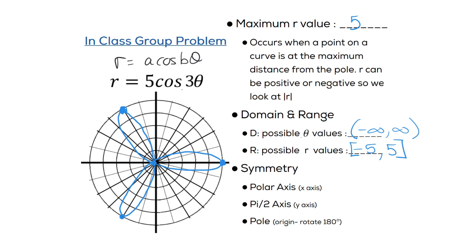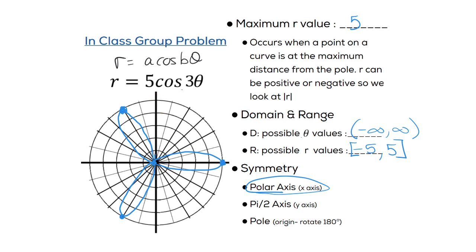So looking at this particular graph, you're looking at if it folded over or flipped over this axis, it's going to flip and land on top of itself. But that will not be the case on the pi/2 line.